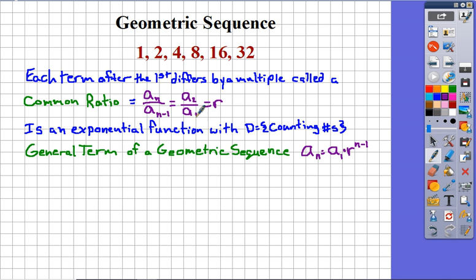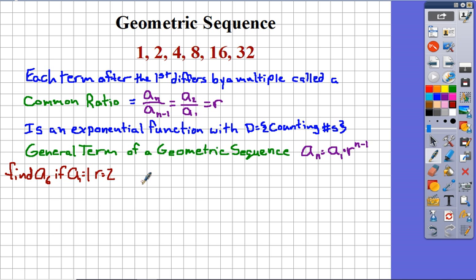So let's go ahead and try some examples. Let's find a sub 6, or the sixth term, if a sub 1, or the first term, is 1 and the common ratio is 2. We follow this equation.